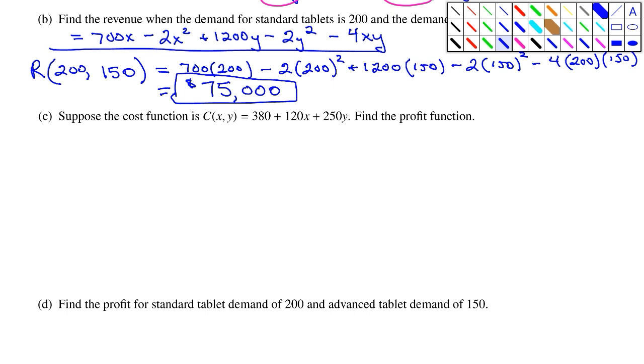Part C. Suppose the cost function is C of x comma y is equal to 380 plus 120x plus 250y. Find the profit function.